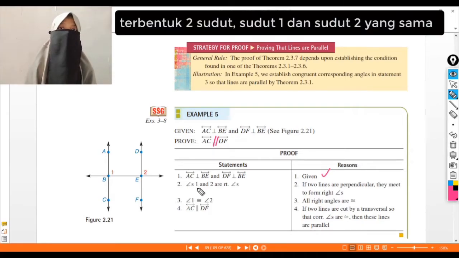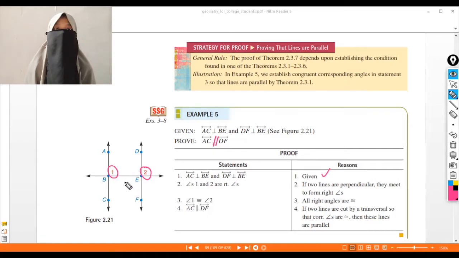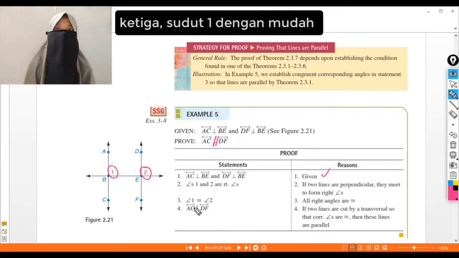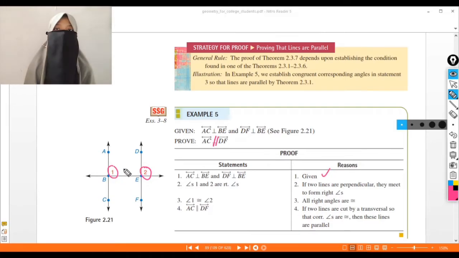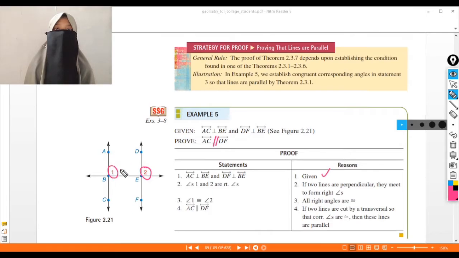Reason: given. Angle 1 and angle 2 are the same. The reason: if two lines are perpendicular, they meet to form right angles. We have a transversal line BE.